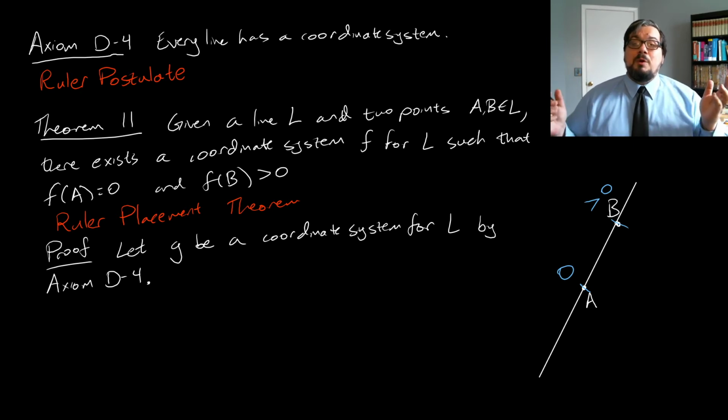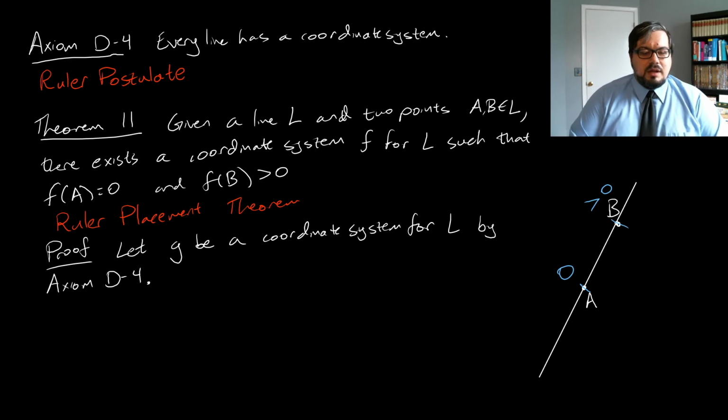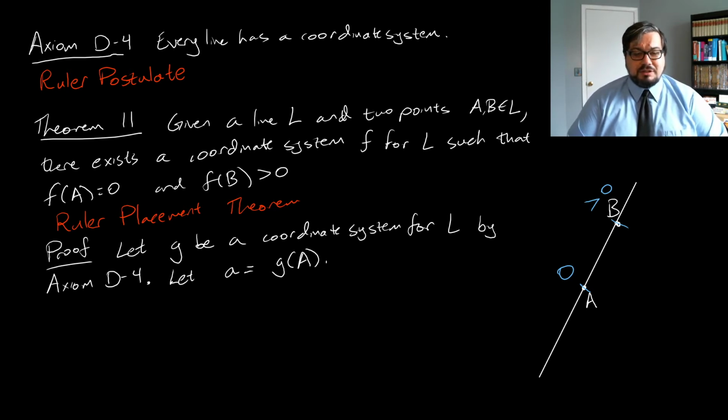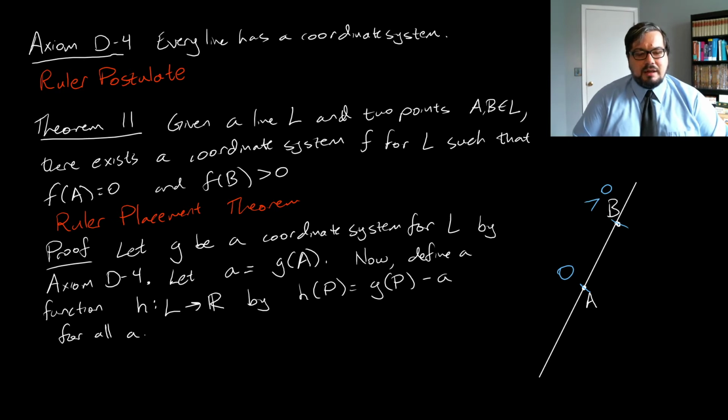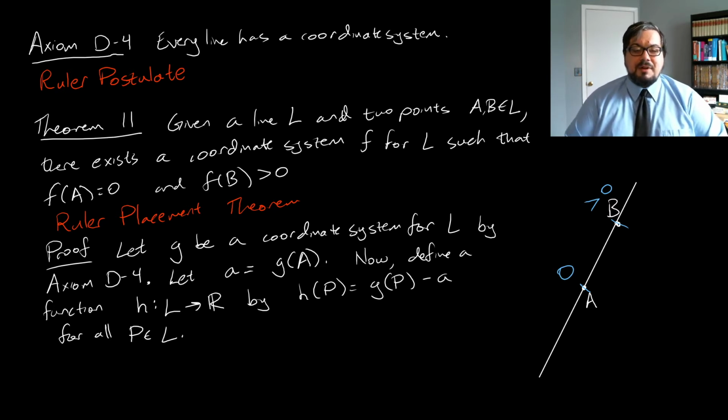Now, this g might already be what we want, but probably not. So now, let little a be equal to g of A, the coordinate g of A. Now, define a function h from L to R by h of P equals g of P minus a for all P in L. So what we're doing here is defining a new function.